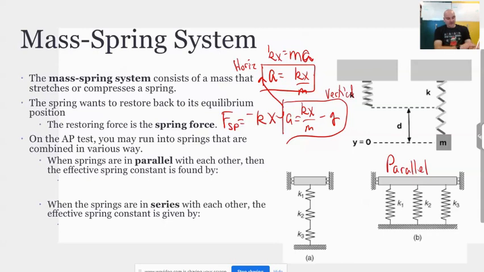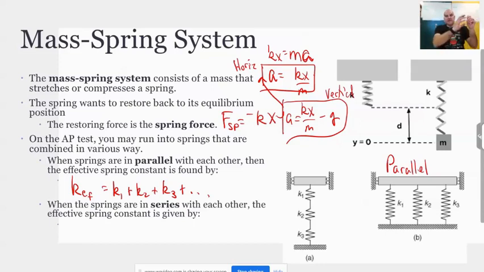And so your effective K value is simply the sum of the spring constants. That comes from the idea that they're all going to stretch the same amount, so you can factor the x out. What does my system look like?